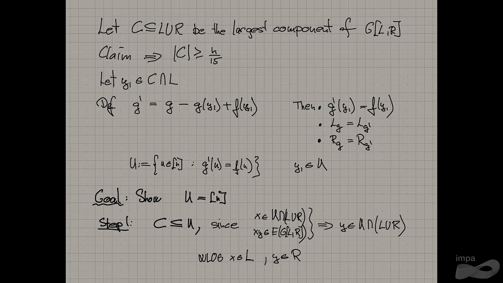You don't know. I can use the information because I took my root, y1, and it is on the left side in both functions. So it is on the left side of both for F and for G prime.